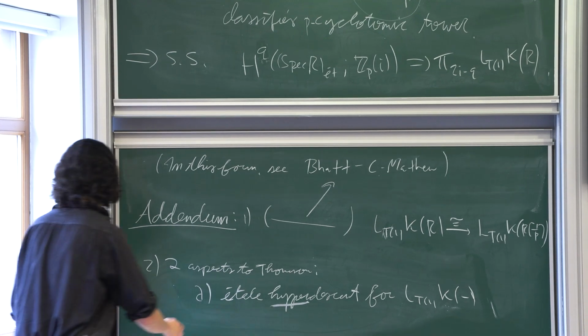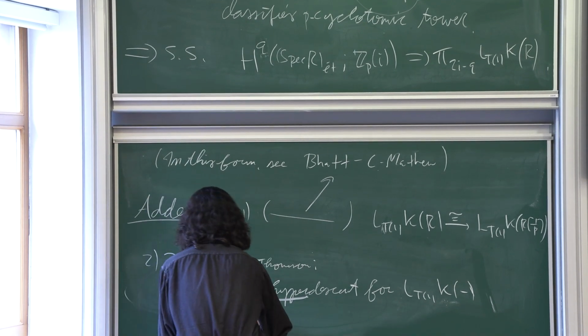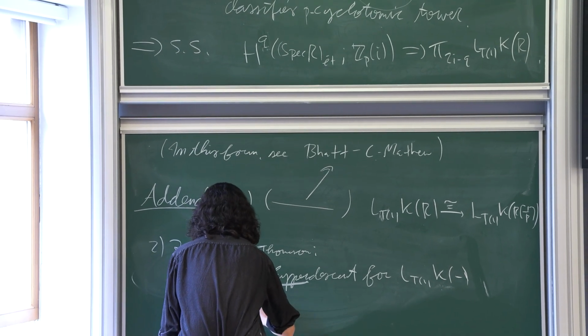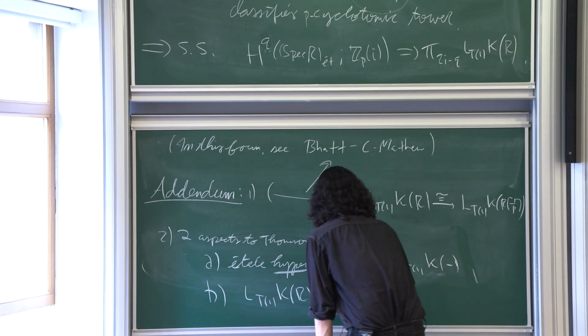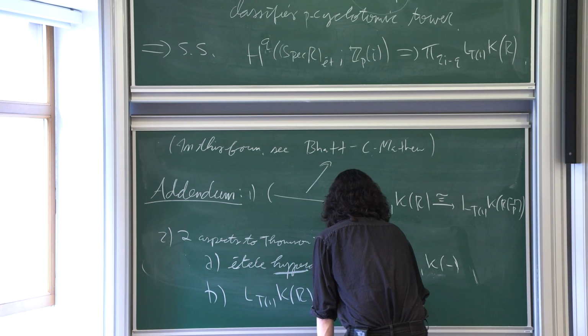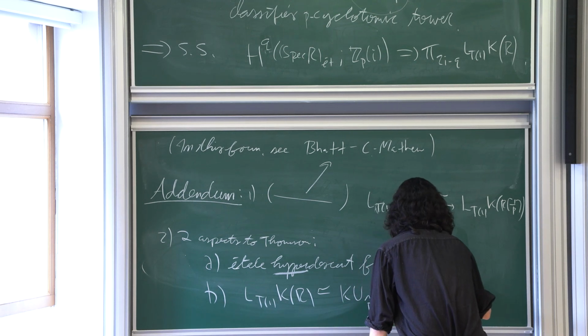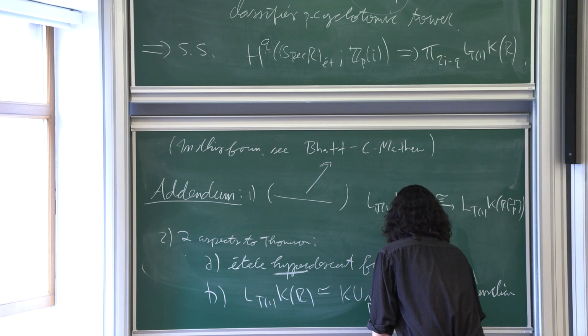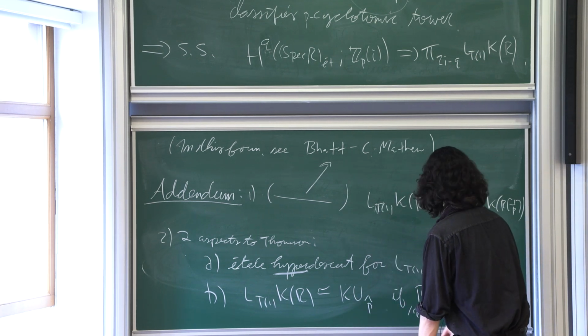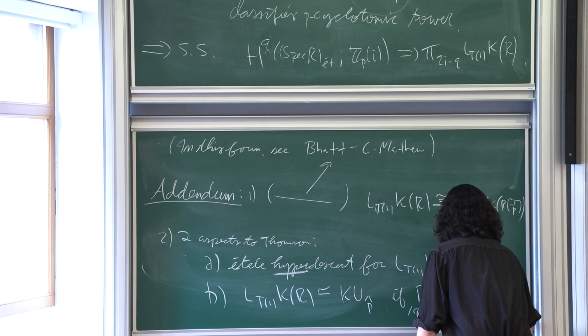And the second aspect is the identification that L_{T(1)} K of R is p-adic K-theory if R is strictly Henselian over Z[1/p], and that's Gabber-Suslin.